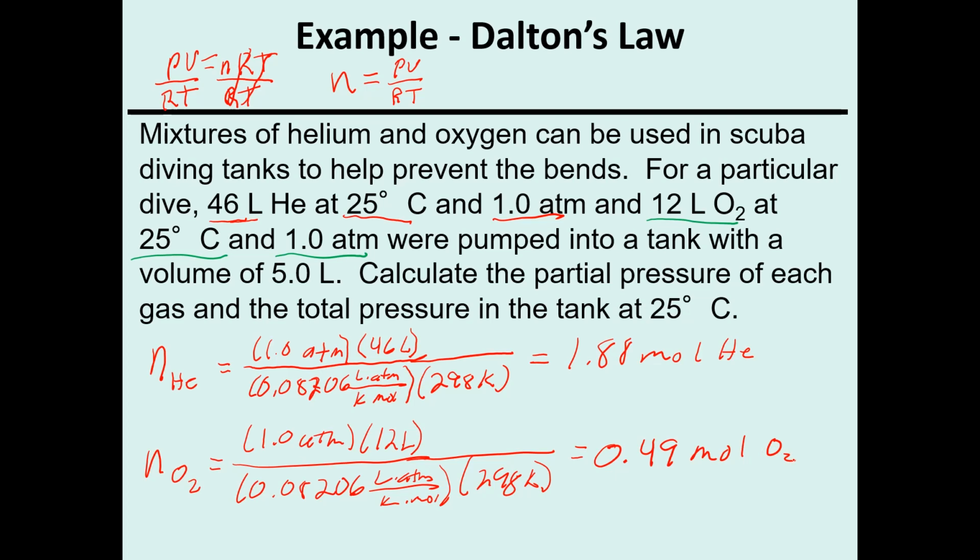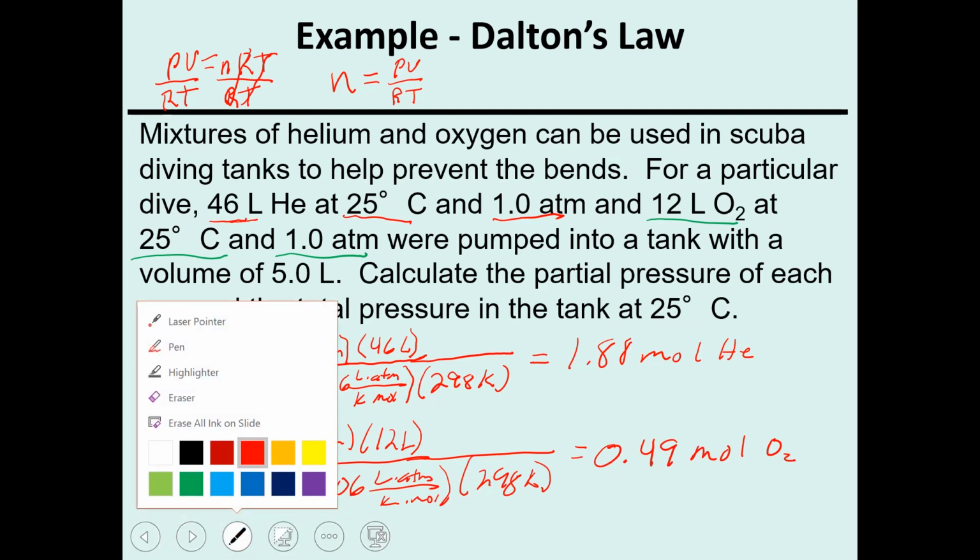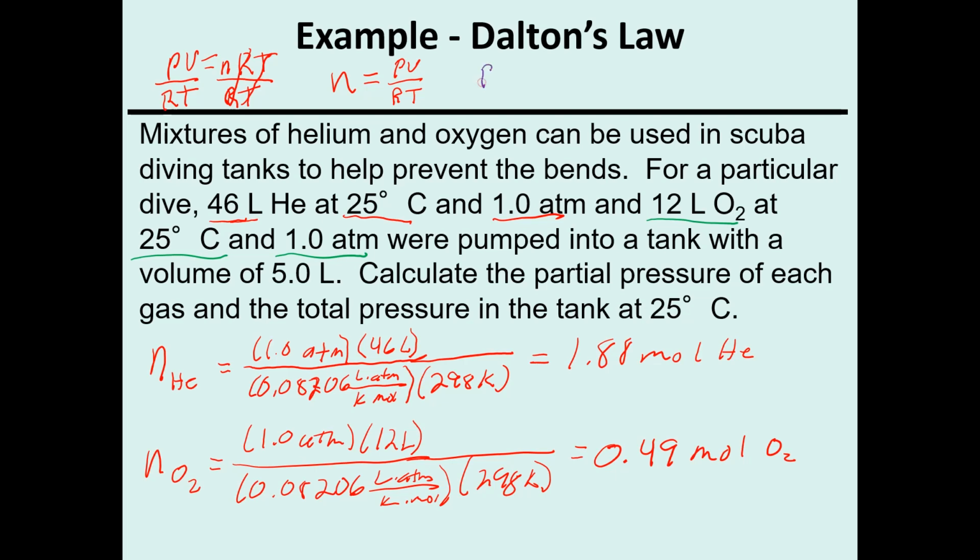So the next thing we need to figure out is what the partial pressures are for both helium and oxygen. Again, I'm going to rearrange the ideal gas law, this time to get pressure by itself, so that I can calculate the partial pressures of each of those in a 5-liter tank. I'm going to go to a blank slide here so that I have enough room.